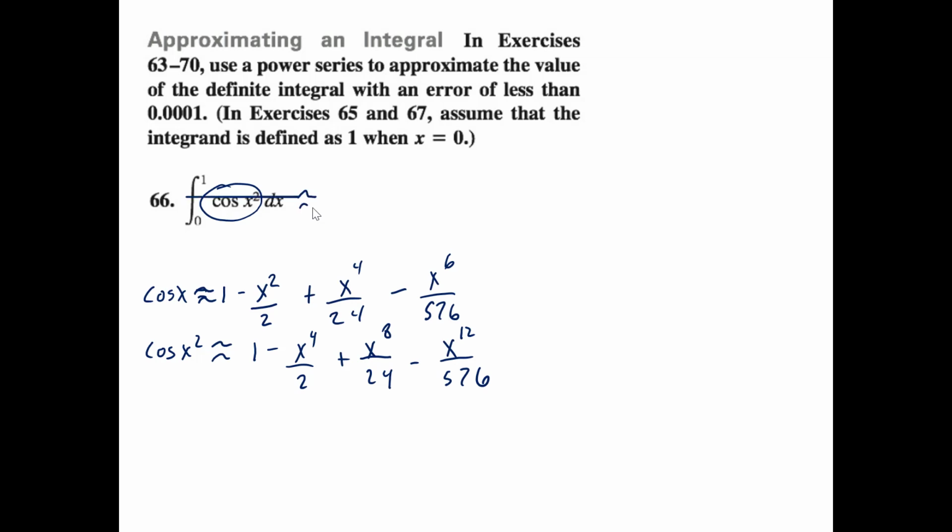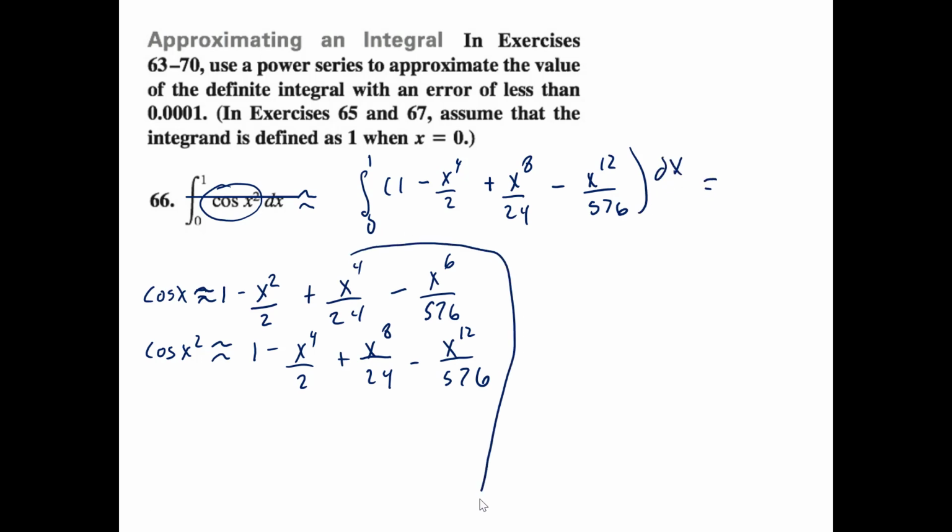And so then this definite integral is approximately the same as the integral from 0 to 1 of 1 minus x to the 4th over 2 plus x to the 8th over 24 minus x to the 12th over 720 dx. This is now easy to find the antiderivative of.